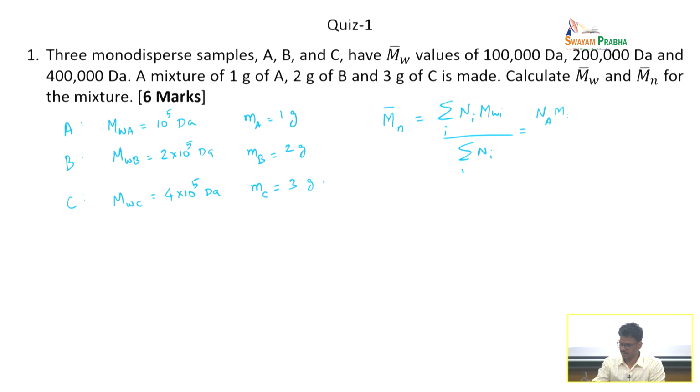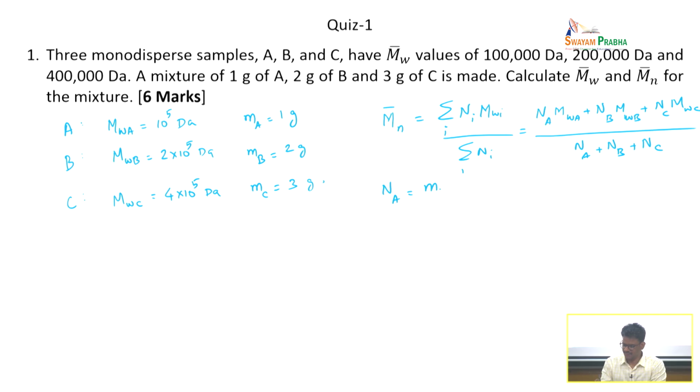We could write Na Mwa plus Nb Mwb plus Nc Mwc divided by Na plus Nb plus Nc. So what are Na, Nb, Nc? These are the number of moles or number of molecules of the chains, right?